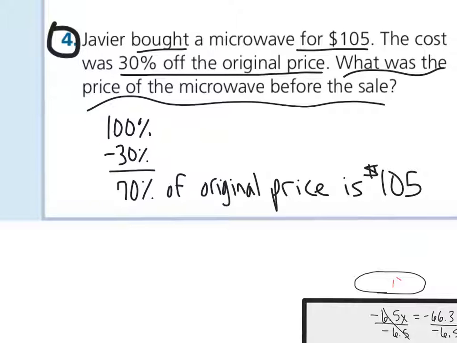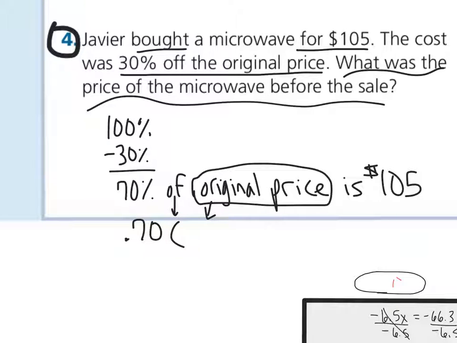So at this point, we're going to change the percent to a decimal. Just move your decimal 2 places to the left. Of usually means multiply. Original price is what we're trying to find. Probably we don't want to use O because that would look like a 0. I'm just going to use an X. Is usually means equals 105.